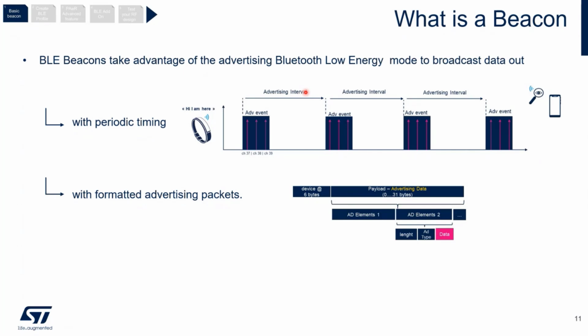which is specified from 20 milliseconds up to 10 seconds. And this advertising data is pushed, at each advertising interval, over the 3 legacy channels, 37, 38, and 39. Here I'm dealing only with legacy advertising, because BLE beacons are based on legacy advertising, and for sure, WB0 supports advertising extension.